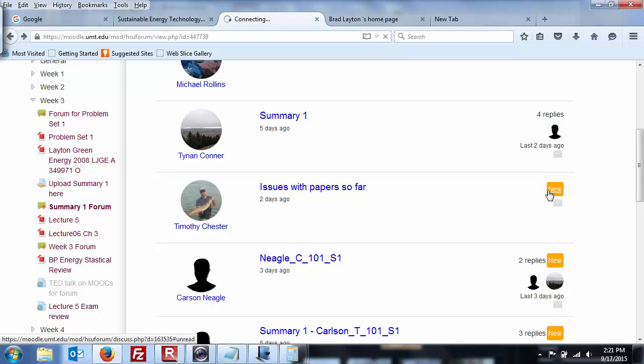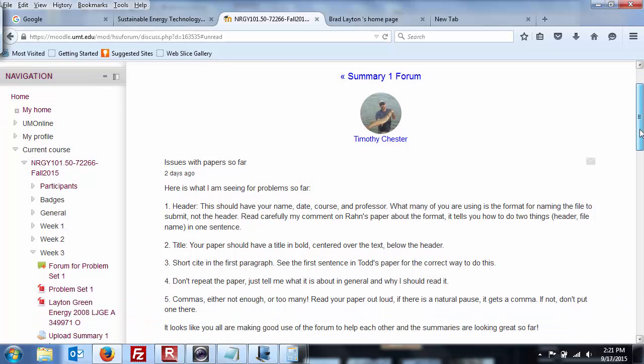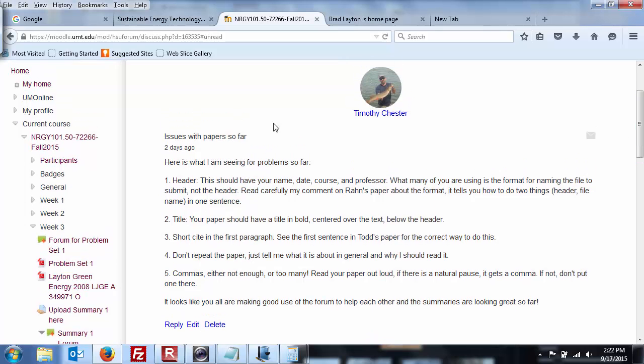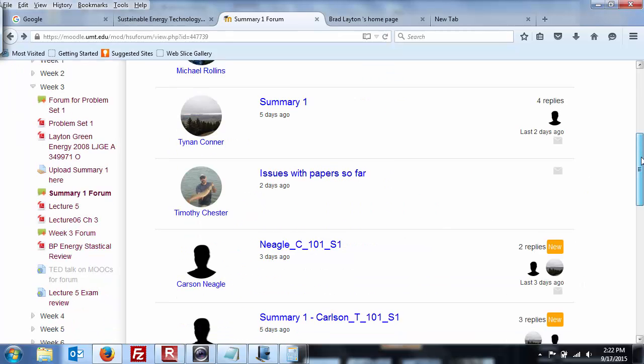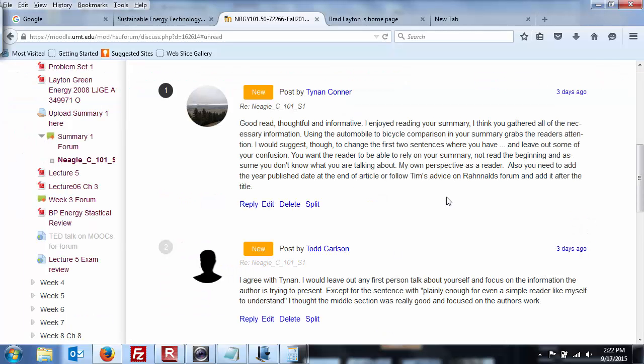But for the most part, it looks like you guys are giving really good feedback to each other, and the papers are looking pretty good. So, give them one more run. You should be looking at everybody else's papers, not only giving them feedback, but comparing that to what you have. Does that paper look anything like yours? If it doesn't, why is it different?